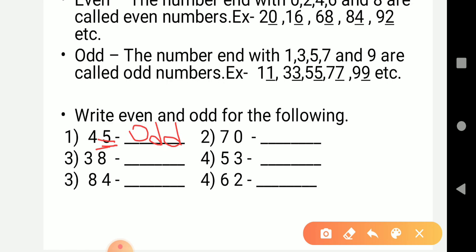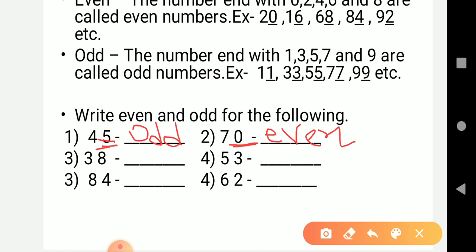Now second, is it even or odd? Yes, very good, because 0 is in the ones place, that's why it is an even number. Now the third number is 38.